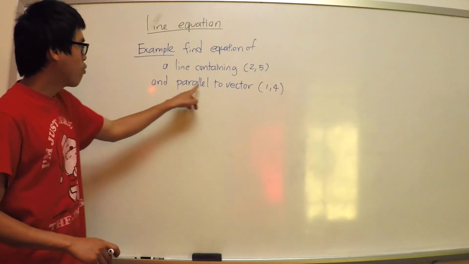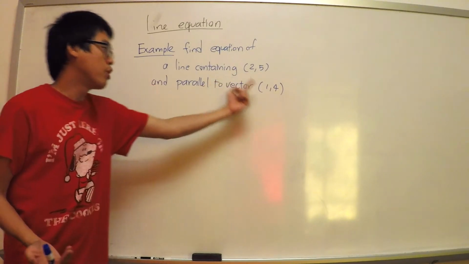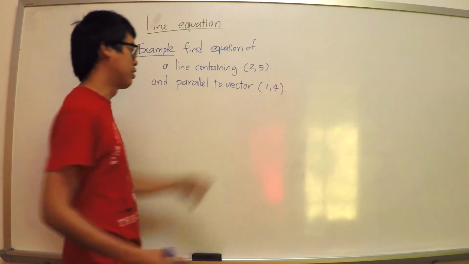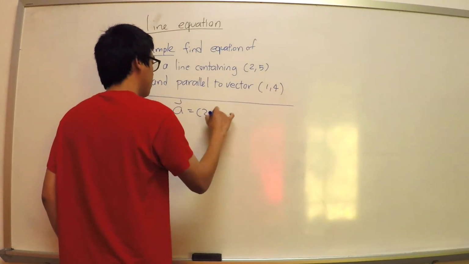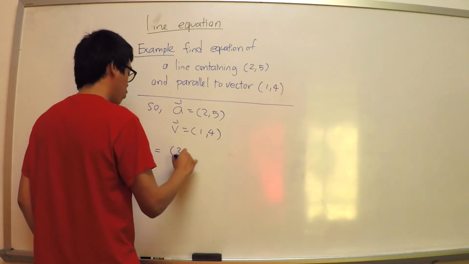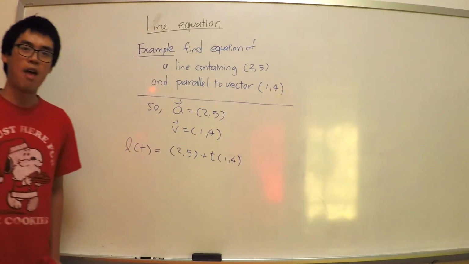The other information that we have is that it's parallel to the vector (1, 4). A line parallel to this vector can use it as its direction. So A equals (2, 5). L(t) would be given by (2, 5) plus t times (1, 4). And that's your answer.